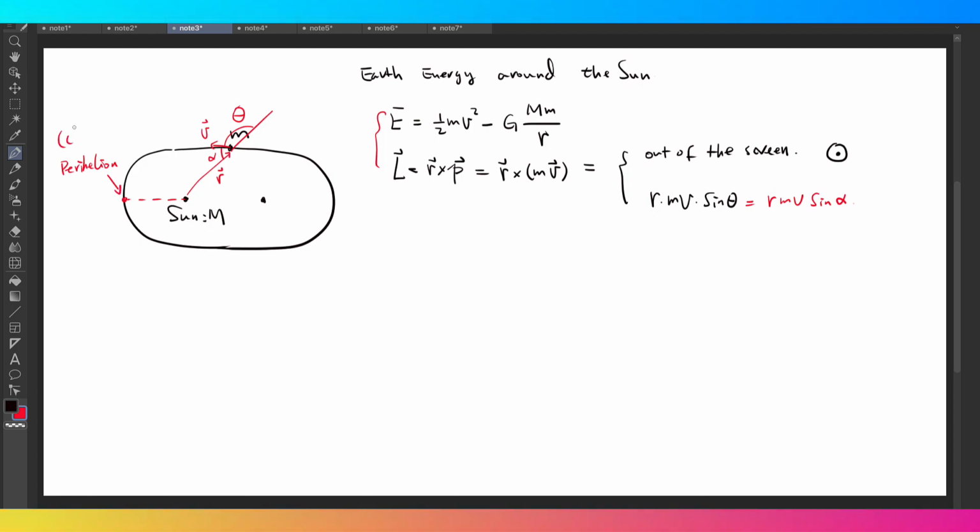The second location is on the other end of this dashed line, that's the major axis of the ellipse. This position is the furthest from the sun, and it's called aphelion.